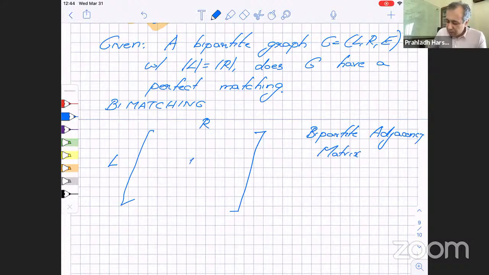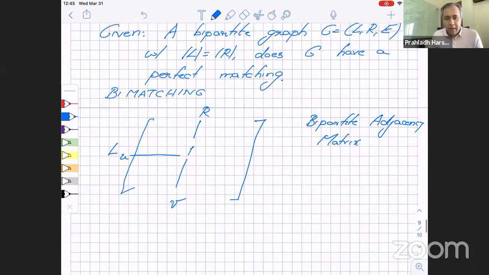You put 1 if this particular vertex U is connected to this particular vertex V in the bipartite graph. The left-hand side is only L, the right-hand side is only R. But this is a square matrix because size of L equals size of R. That's the only case when you can have a perfect matching. So we're working in the case where the bipartite adjacency matrix is a square matrix.